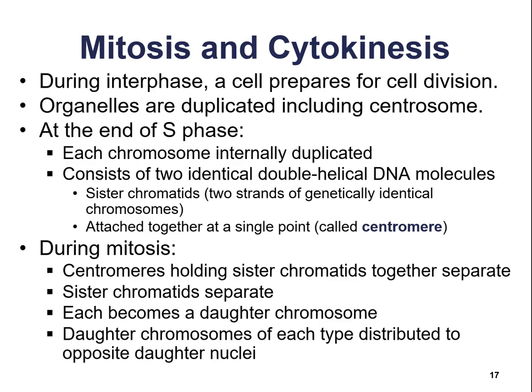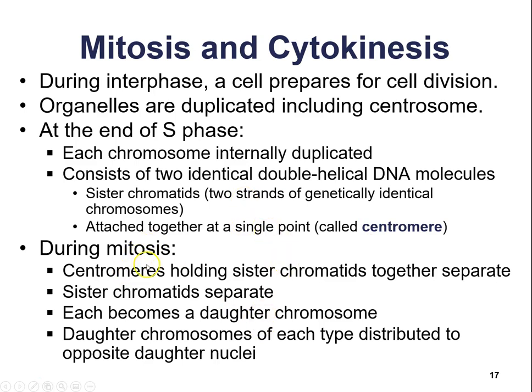So at the end of S phase, you have those 2 sister chromatids. Each chromosome is composed of 2 sister chromatids. They're genetically identical to each other, and they're attached at a single point called a centromere. I'll show you a picture again to show you the centromere and the 2 sister chromatids.